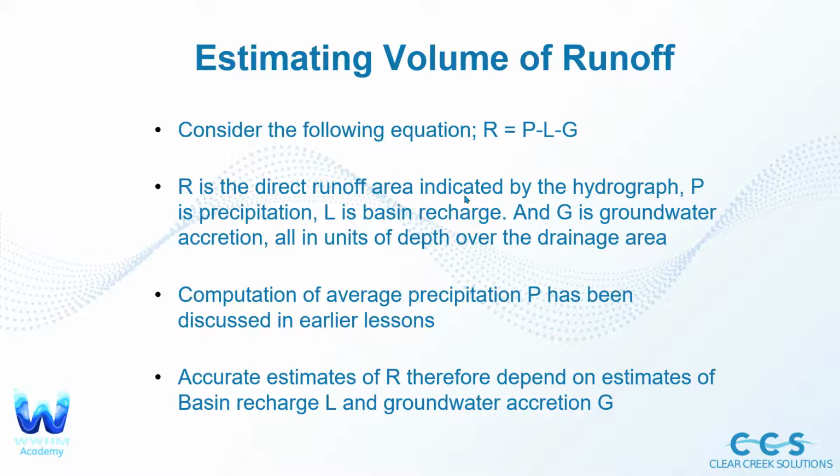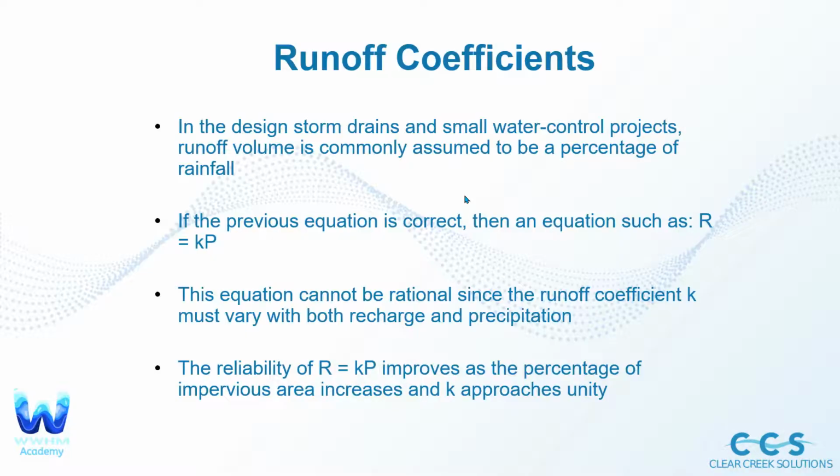In the design of storm drains and small water control projects, runoff volume is commonly assumed to be a percentage of the rainfall. If the previous equation is correct, then equations such as R equals K times P may be valid. This equation cannot be rational since the runoff coefficient K must vary with both recharge and precipitation. The reliability of R equals KP improves as the percentage of impervious area increases and K approaches unity.